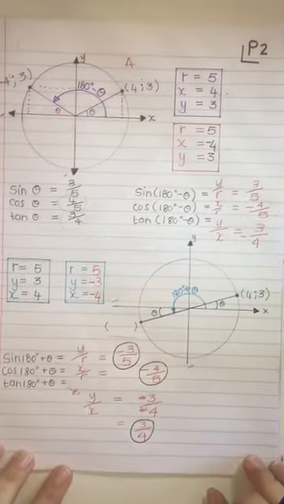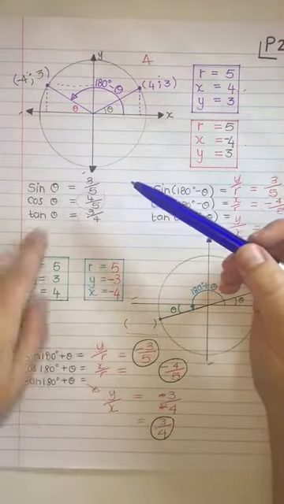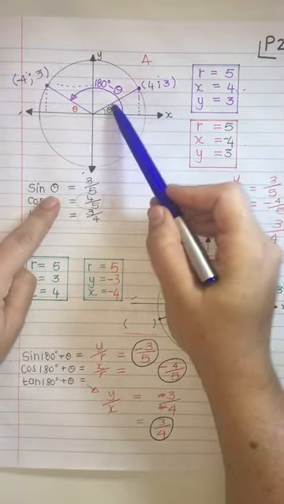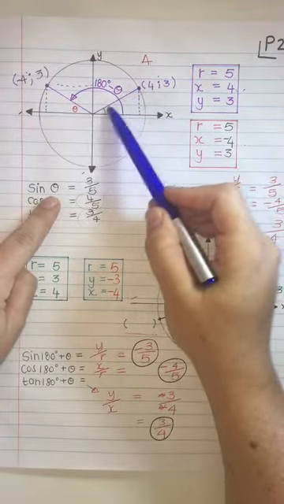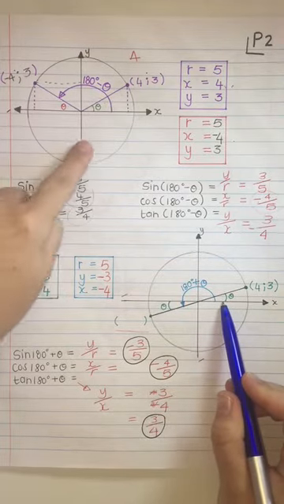So here we have sin, cos, tan. Now I'm going to show you something interesting. You see here, sin theta, the original angle, which is the same as this one. This one just looks smaller, but it's not drawn to scale.